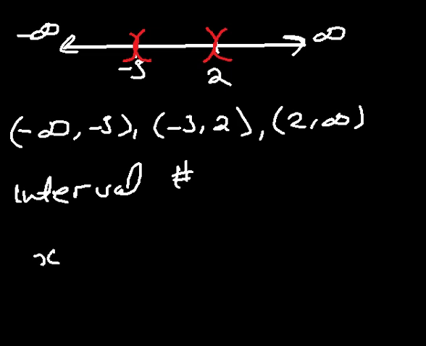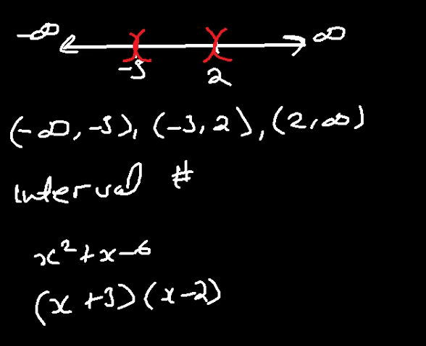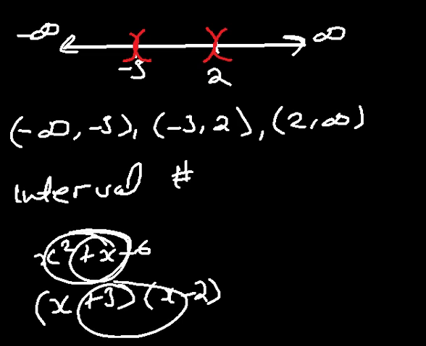Since we had x squared plus x minus 6, in this case we should have it as x plus 3 and x minus 2, instead of having this one. Of course this is also okay, but this is simpler.